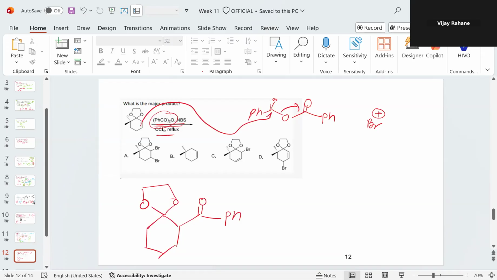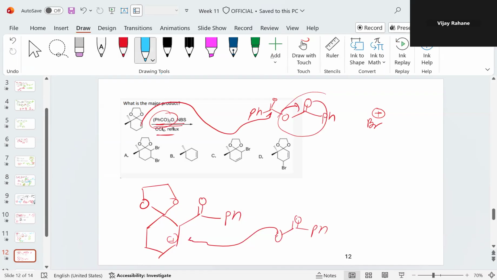And similarly, this O negative can attack here to get the product. The product that we can get in this case will be either like this.